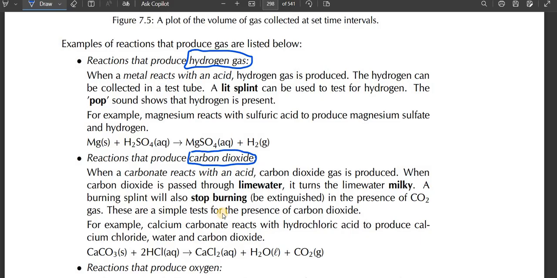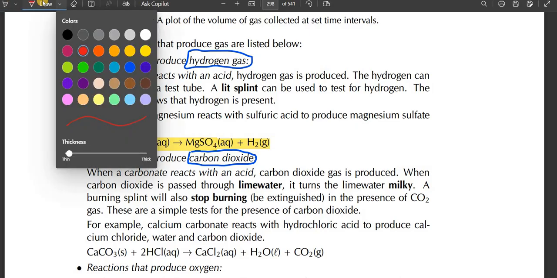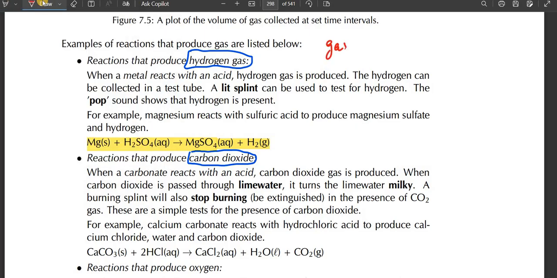Guys, please know that these reactions that you are seeing here are called gas forming reactions. And usually gas forming reactions are the type of reactions whereby you can collect the gas.